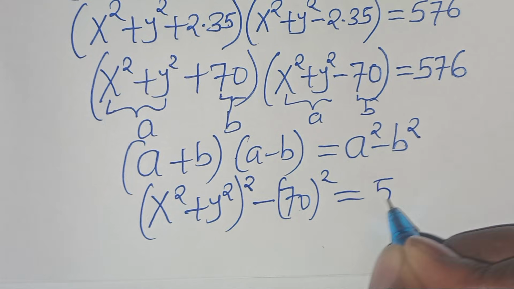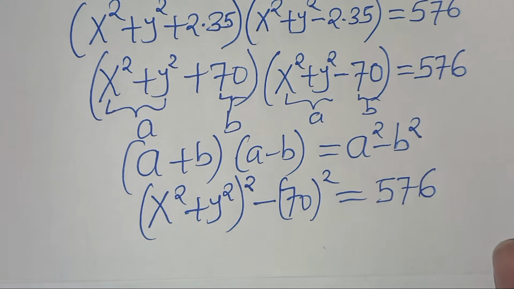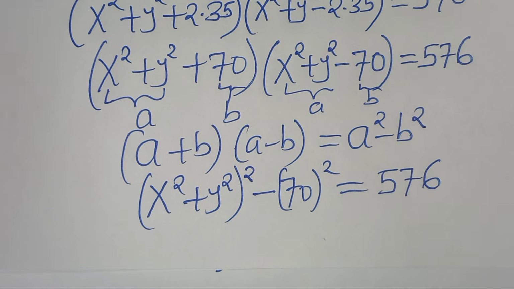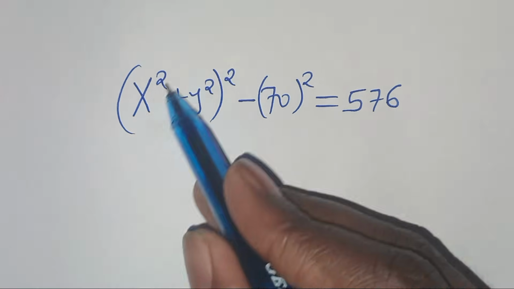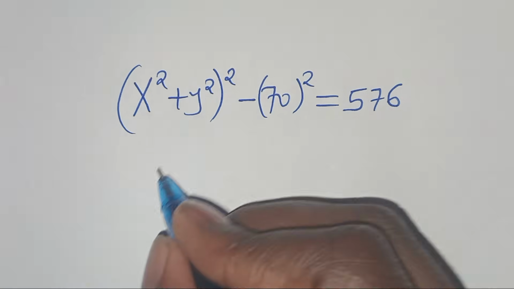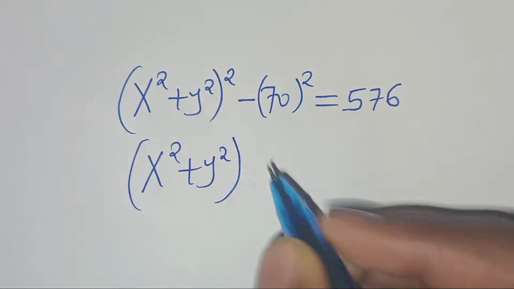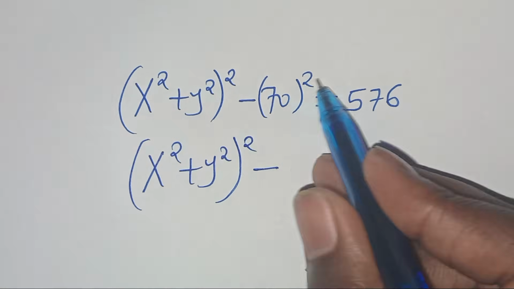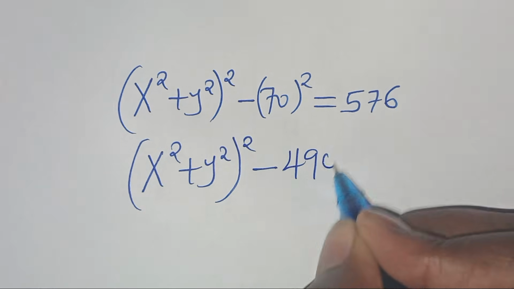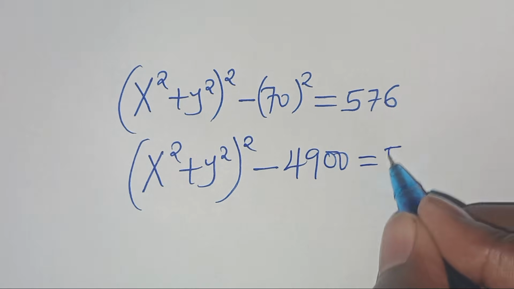This is equal to 576. So this is x squared plus y squared to the power of 2 minus 70 squared. This is 4900, and this is equal to 576.